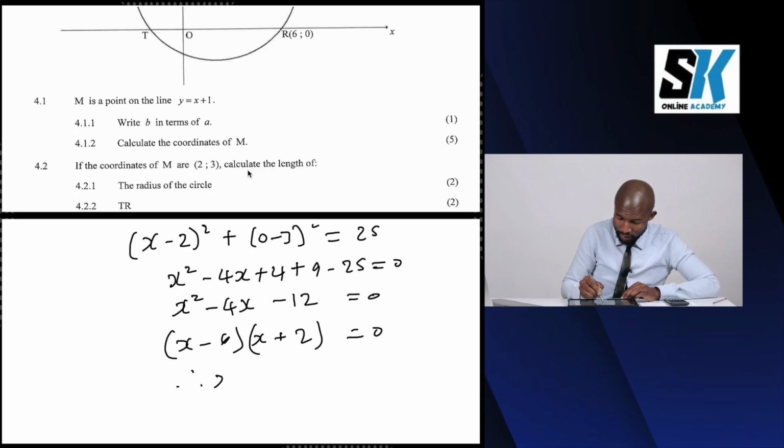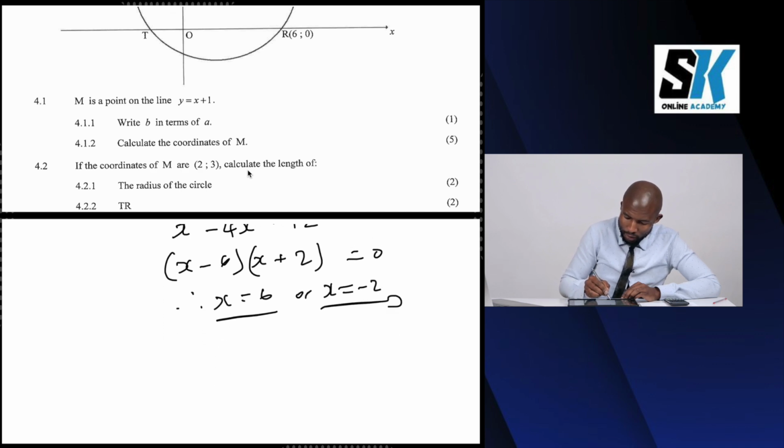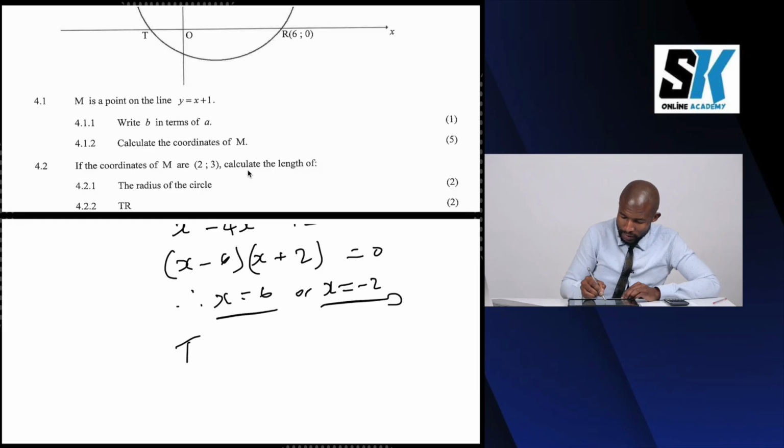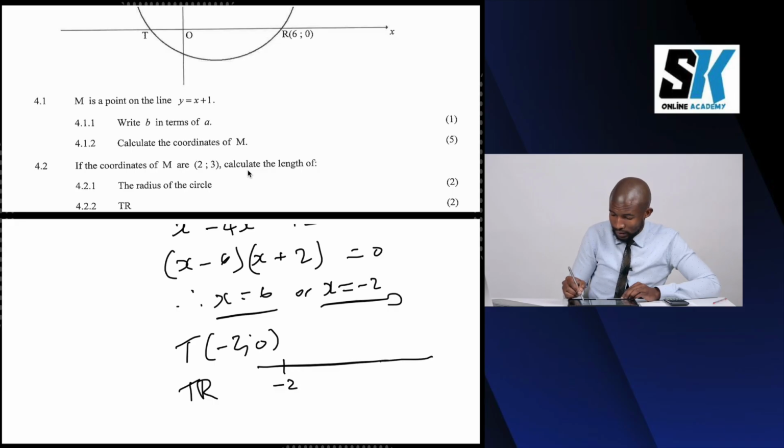Therefore, your x values are 6, which is already the x value of R, or x will be negative 2. Then the coordinates of T would be (negative 2, 0). Then the length of TR, since it's from minus 2 up until 6.